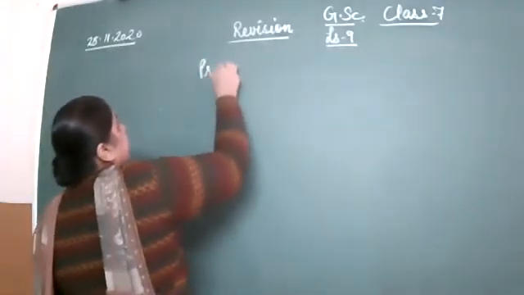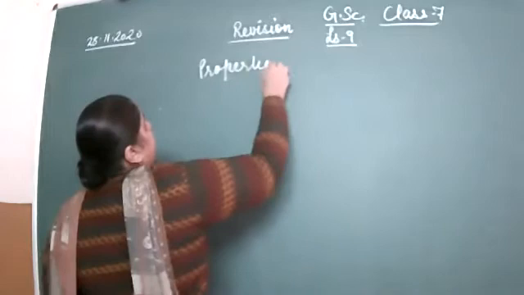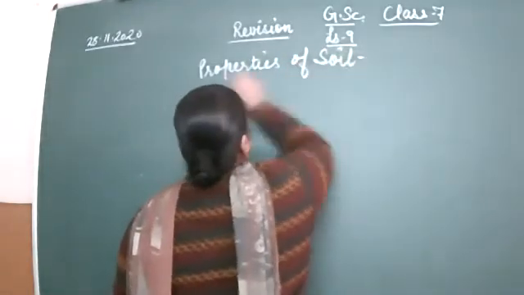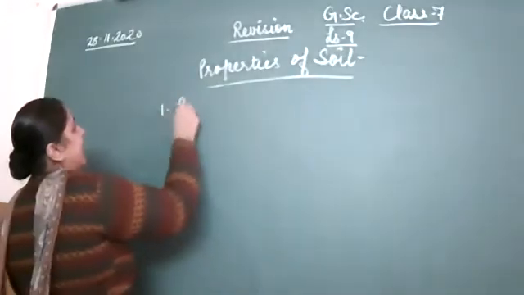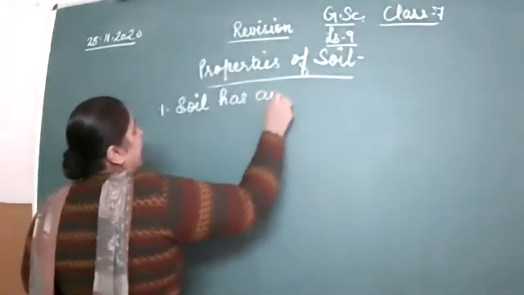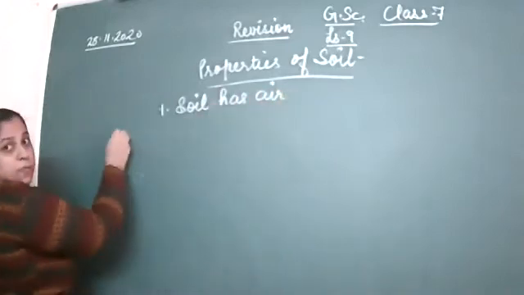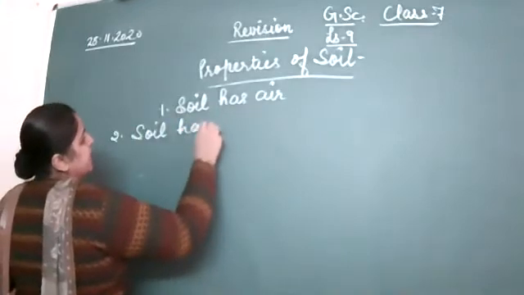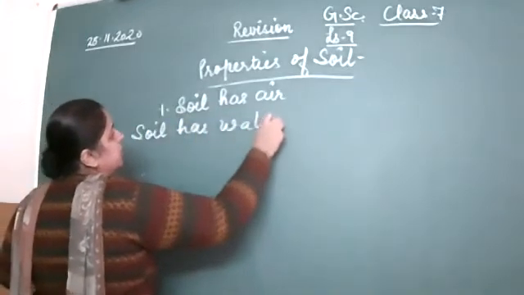Children, there are basically four main properties of soil. They are: soil has air, soil has water. I am writing here, soil has water.